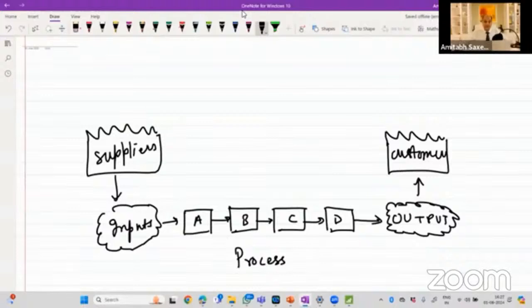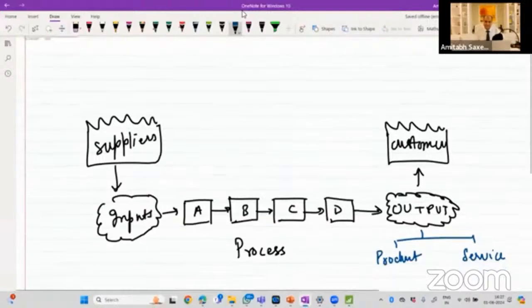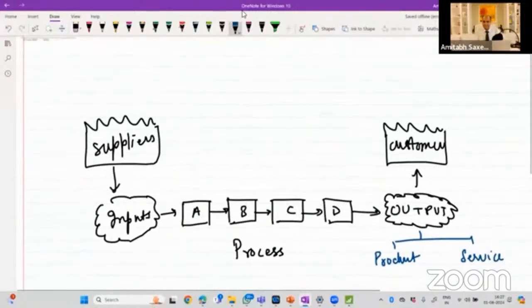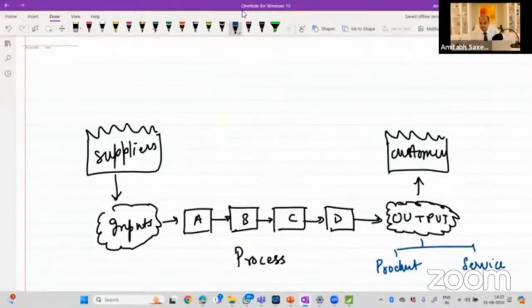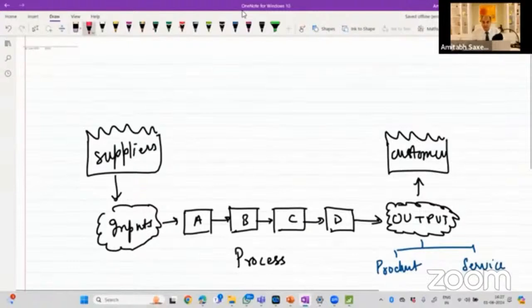The output could be either a product or a service. It is either a product or a service. There is no third type of output. And then the customer will give you the feedback.